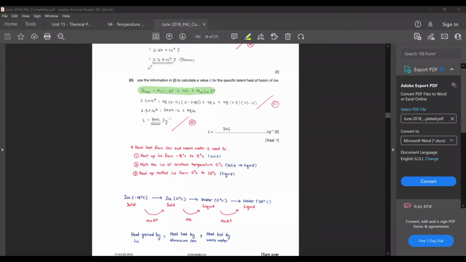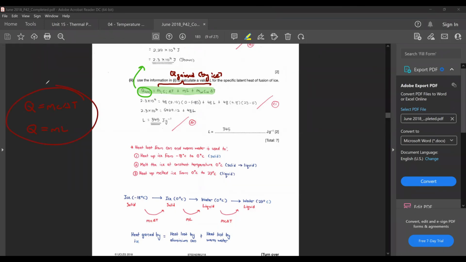The Q loss is actually from here, and then all this little expression that you have here is actually the heat gain by the ice. Okay, but you notice that there seems to be quite a number of terms. You have Q equals MC delta T, and then you also have Q equals ML.